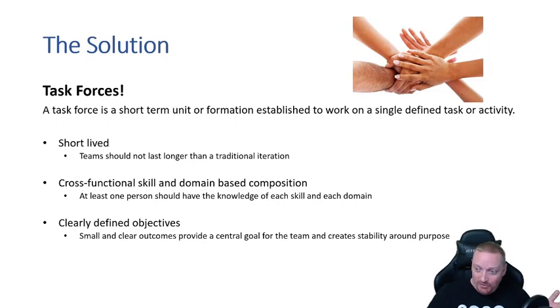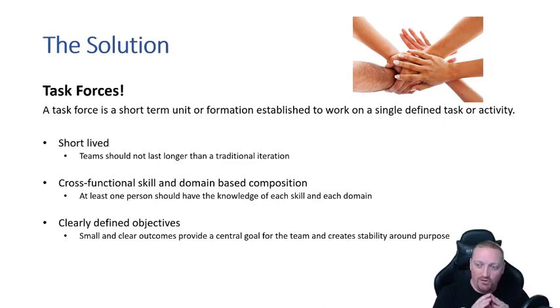You need to have clearly defined objectives. This is another very, very important thing to do. One of the things about task forces is they have to have a very single defined task or activity or goal, right? Some very limited scoped thing that they all kind of adhere to. And there's a really important reason that exists, and we're going to talk a little bit about that later.